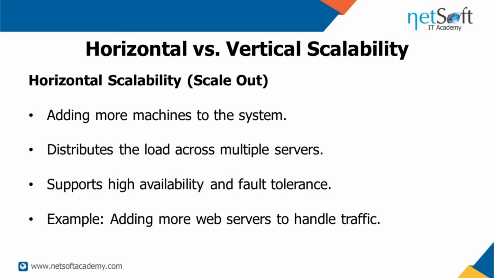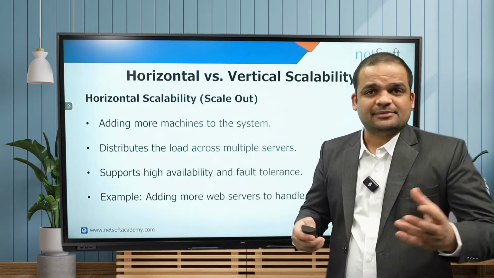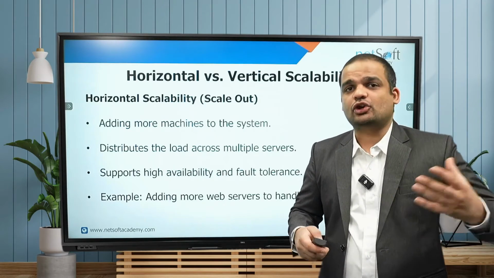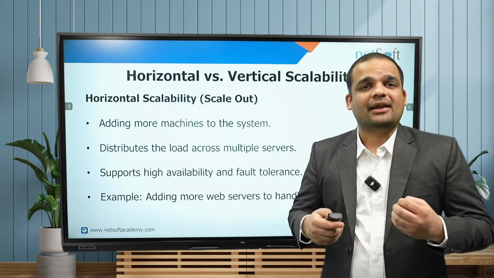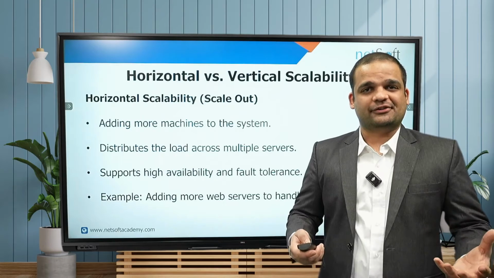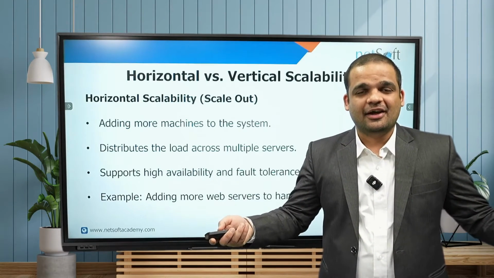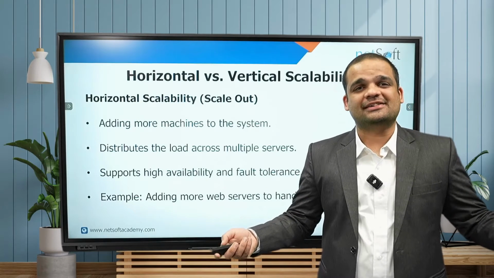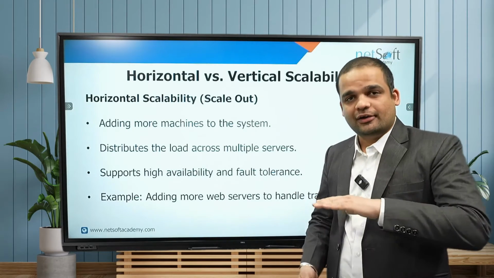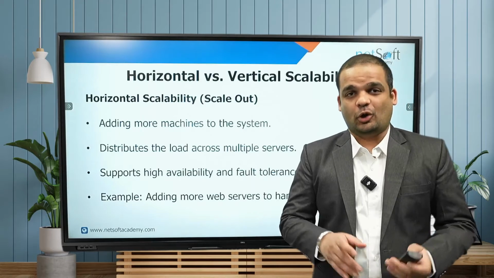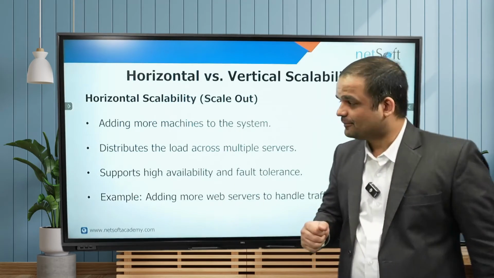For example, if you have a web application, a website, and experience sudden traffic, during a Christmas event, the spike is huge. You can now add more web servers to distribute the load among all the machines. So you are scaling out. This is what you call horizontal scaling. So I hope horizontal scaling is clear.